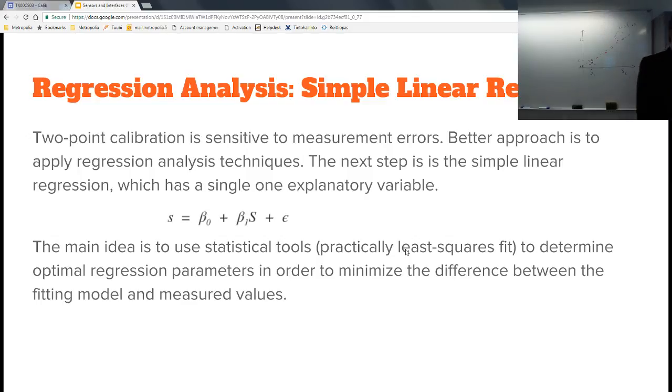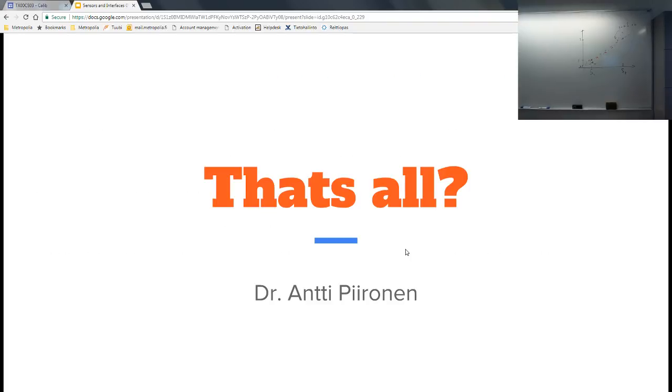But anyways, you start doing the modeling, and you calculate your final result using the model. Okay, that's the main idea. Measure some data points and then make your model that follows your measurement data, and then just use that model as your calibration function. Okay, that was the theory. Simple.